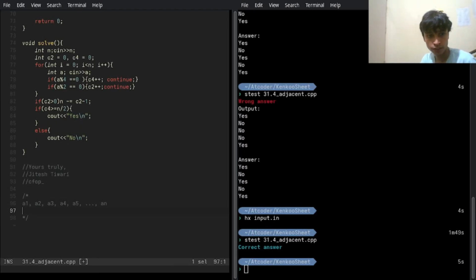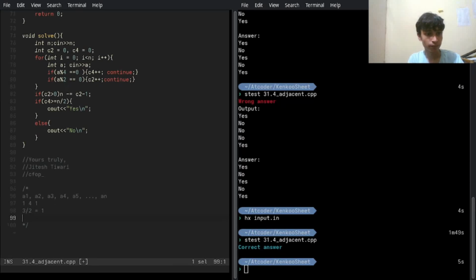So the easiest thing here is to first notice that we need n by 2 multiples of 4. Like we are doing integer division, so 3 by 2 is 1. Okay, so why do we need n by 2?